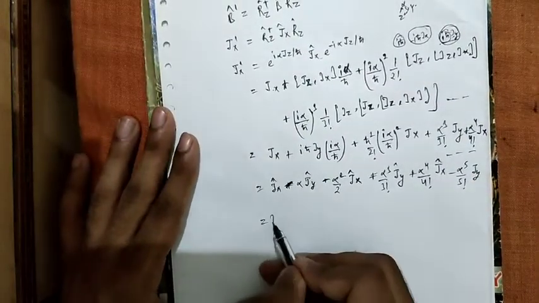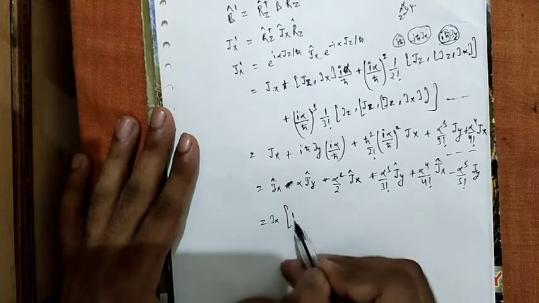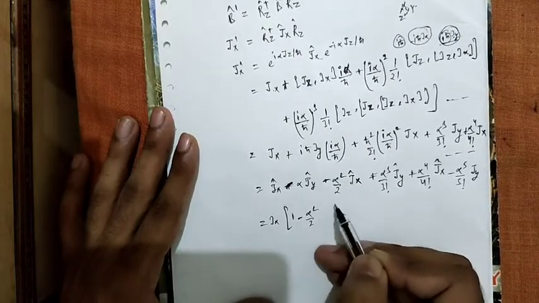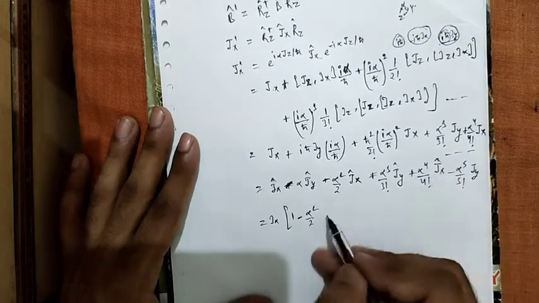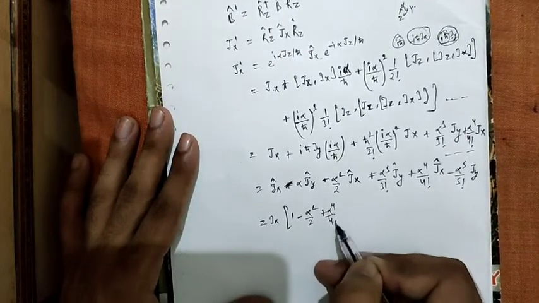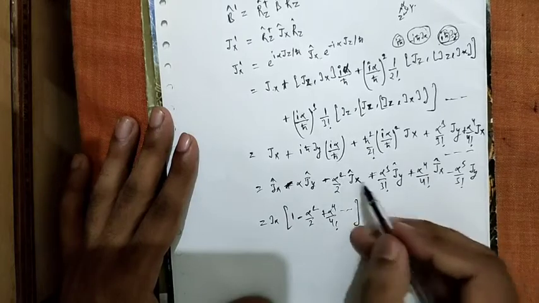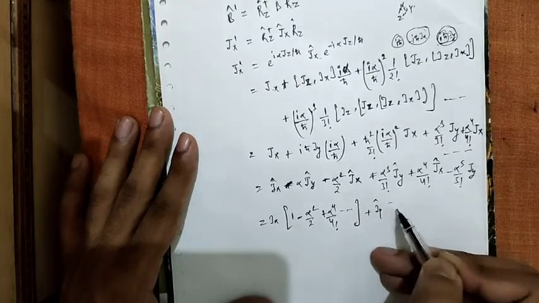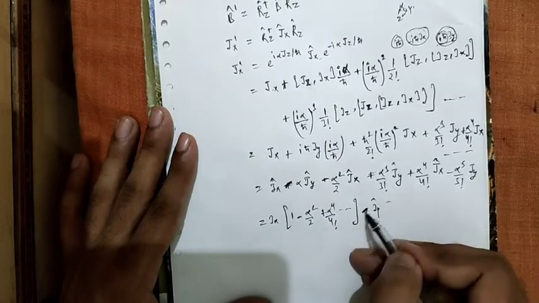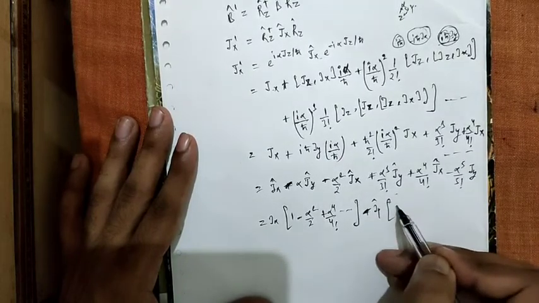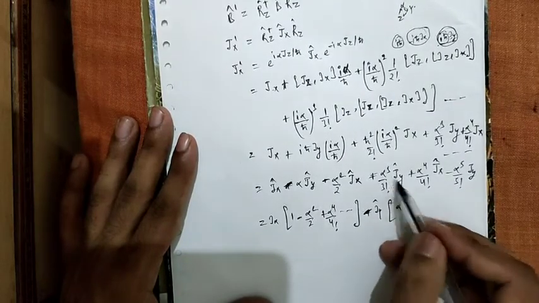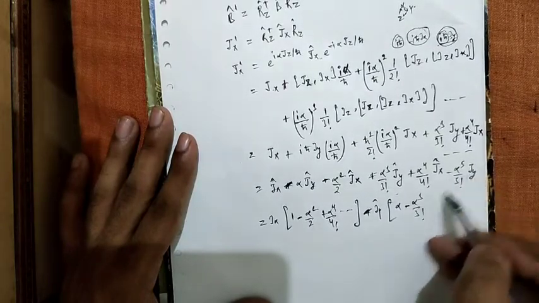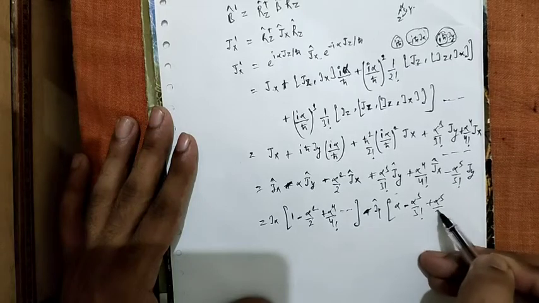On taking Jx common, we have 1 minus alpha square by 2 plus alpha 4 by 4 factorial and so on. Taking minus Jy common, we have alpha minus alpha cube by 3 factorial plus alpha 5 by 5 factorial.